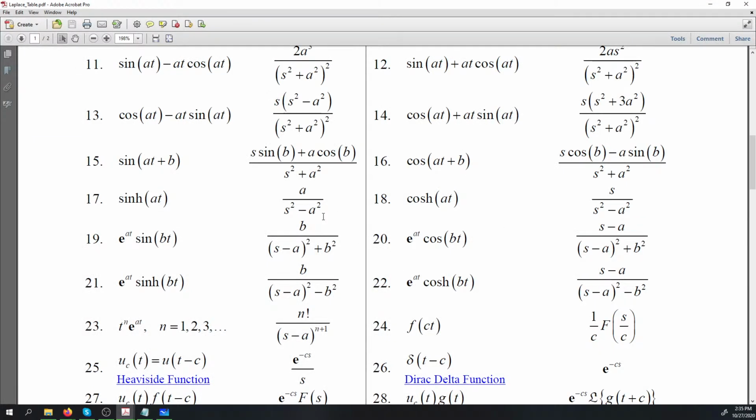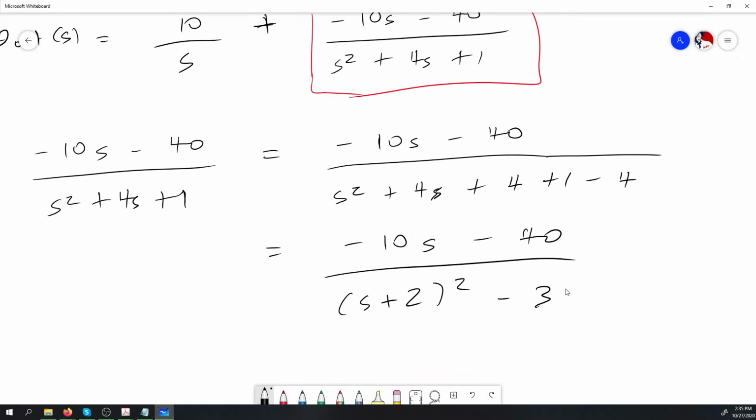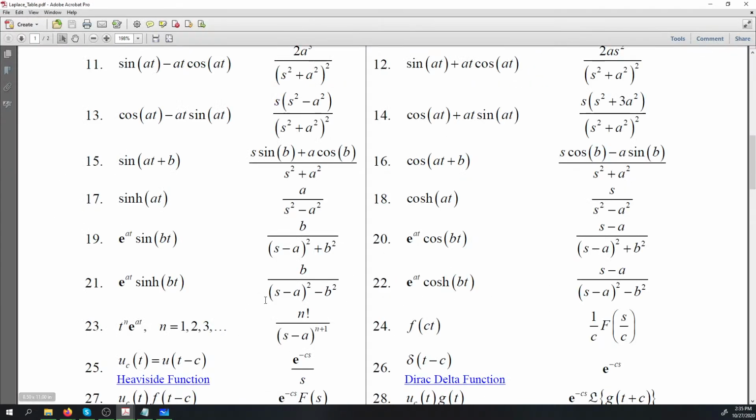Alright, so in this particular case, we want to get to the terms of e^(at) sine of bt and e^(at) cosine of bt. So that means we're going to have to get b squared here on the denominator. Oh, okay, no. It has to resolve into sinh because it's minus b squared. Right, okay, yeah.